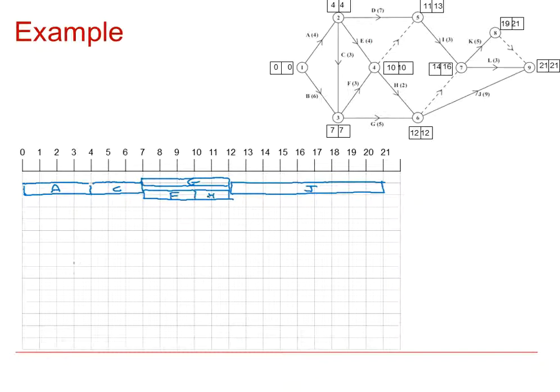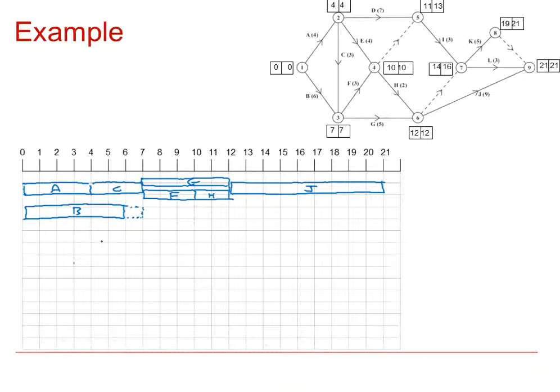B had no precedence, so could go from 0 to 6. However, B, as we can see from the diagram, could finish as late as 7, which gives it 1 unit of float.